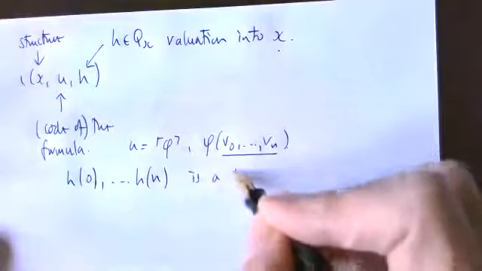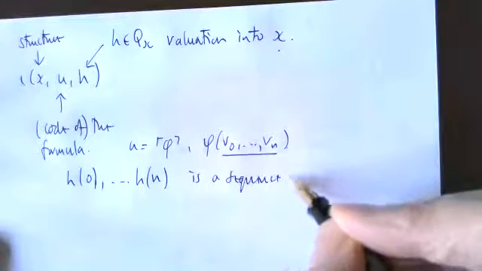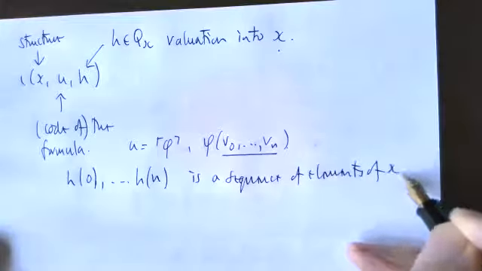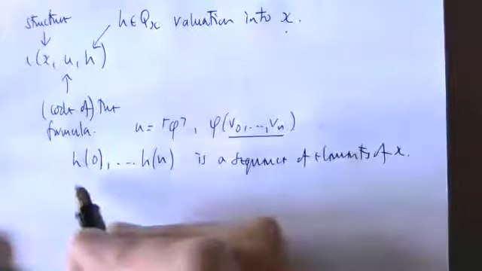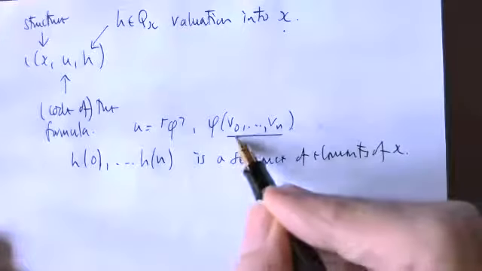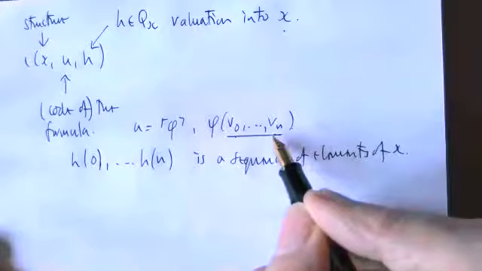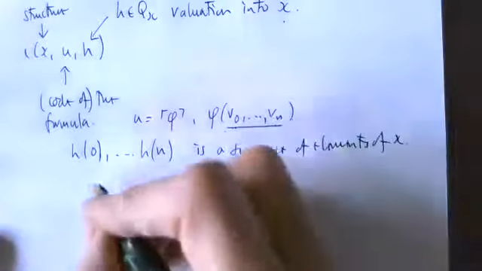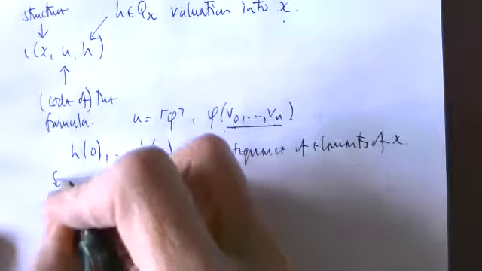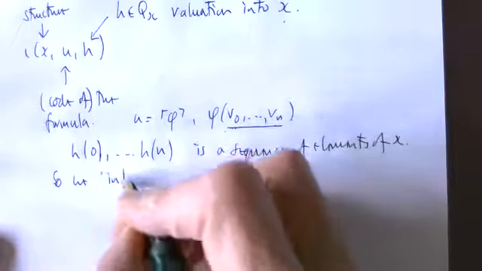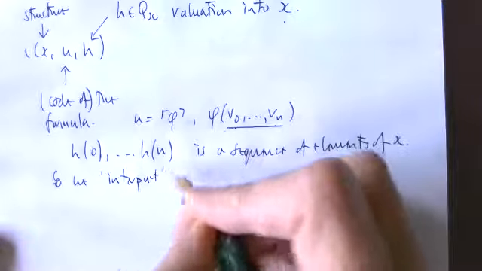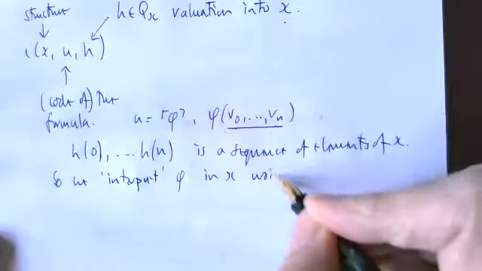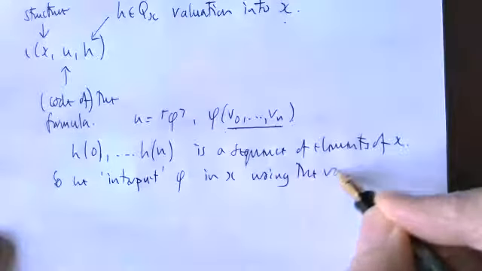This is a sequence of elements of X. So I can use these values to give some meaning to the free variables of the formula. So we interpret phi in X using the valuation H.